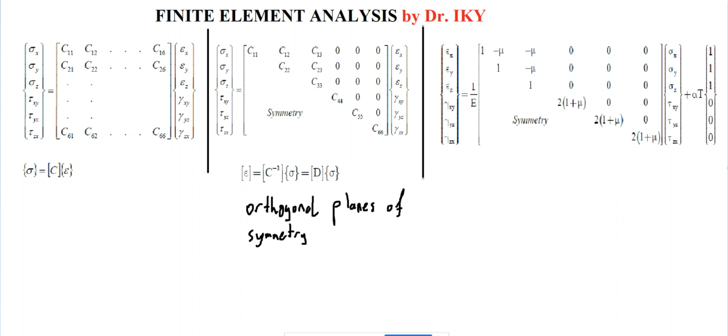Yes. For this one, I need to say that this mu is written differently here. You can say it's a Poisson ratio. You can change it like this. Some of the books write it in this way.